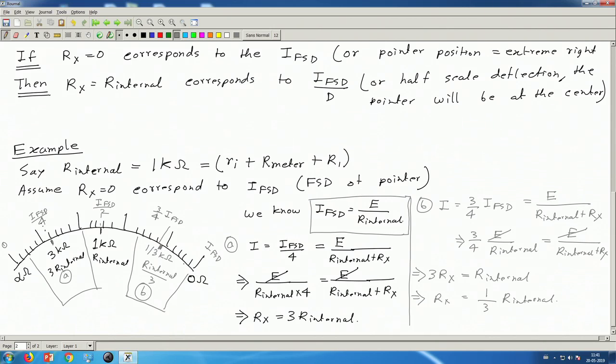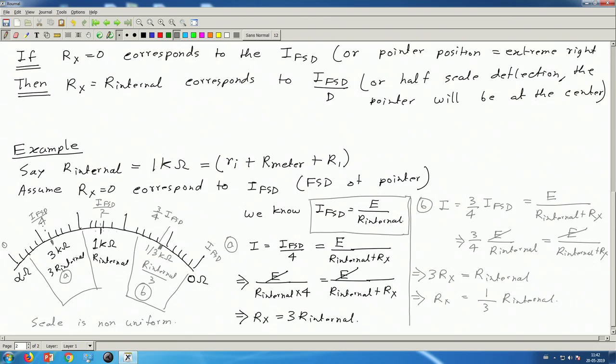And now you observe that the scale is non-uniform, non-linear. From 0 to 1/3 kilo ohm, so this is like 333 ohm, this region is here.